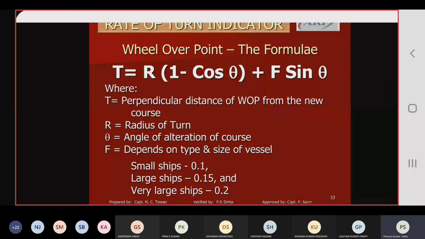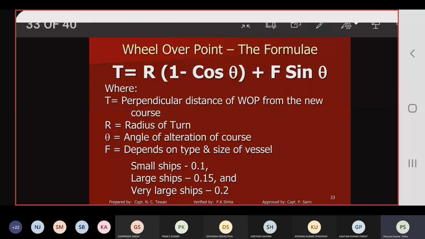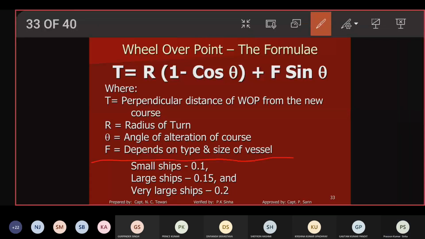Write down everything up to this point. After R there is a multiplication sign, it is on the board, look on the screen. T is equal to F sin theta plus R into 1 minus cos theta.